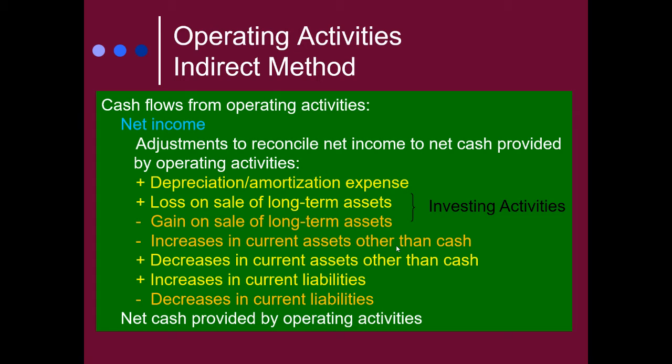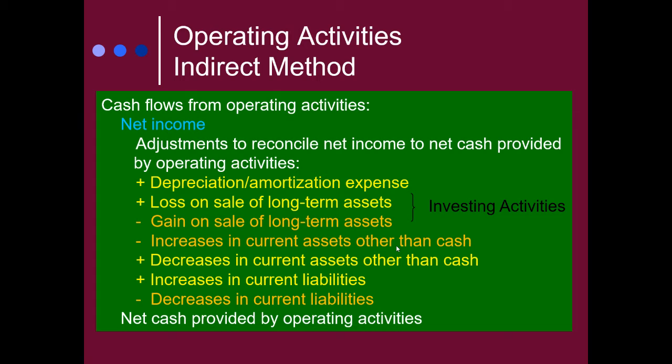In determining what to add or what to deduct, you have to memorize. What I can suggest is that you memorize the increases. If there is an increase in current asset, you should minus the amount.